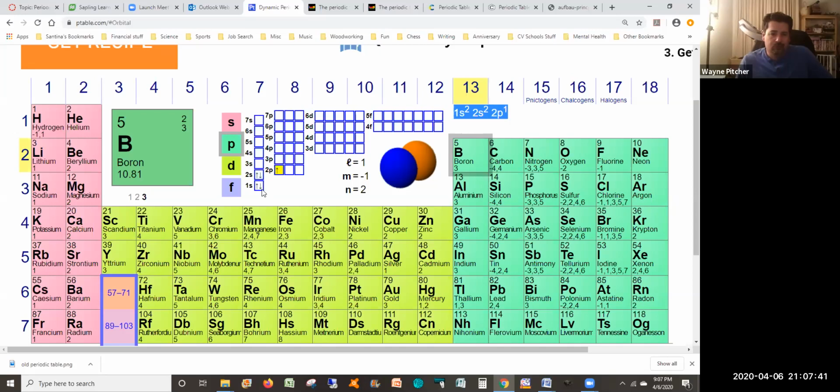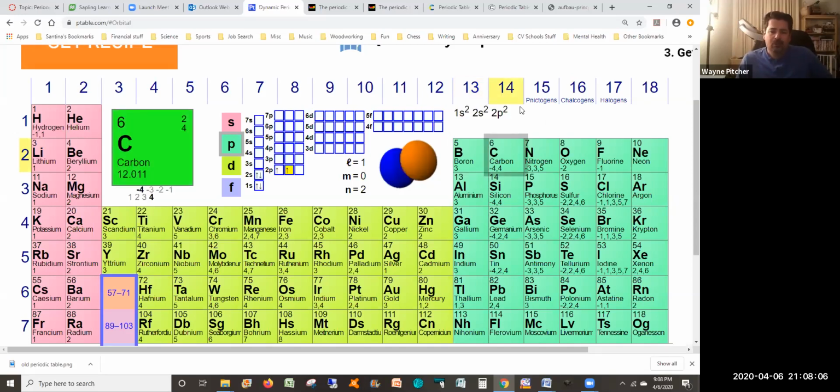I can look over and see 2 electrons in the 1s orbital. And when I put my mouse over that, I see my 1s orbital is a sphere. 2s, there are 2 electrons, so 2s2, concentric spheres. And then 2p1, 1 electron in a p orbital is in this kind of 2 lobes along one of the axes.